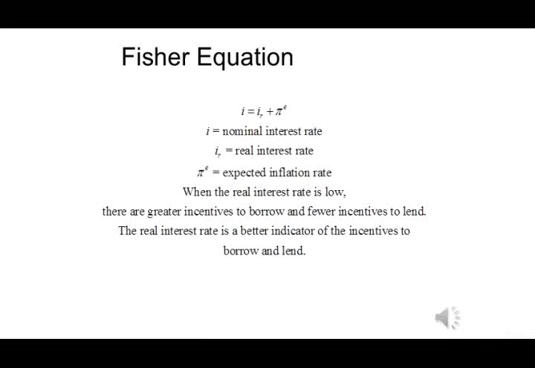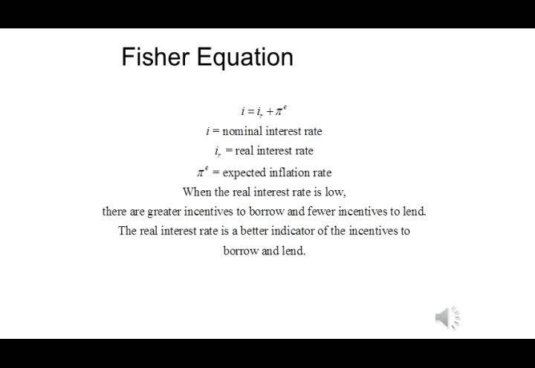The Fisher equation states that the nominal interest rate i equals the real interest rate ir plus the expected inflation rate pi. You know that when the real interest rate is low, there are greater incentives to borrow and fewer incentives to lend.